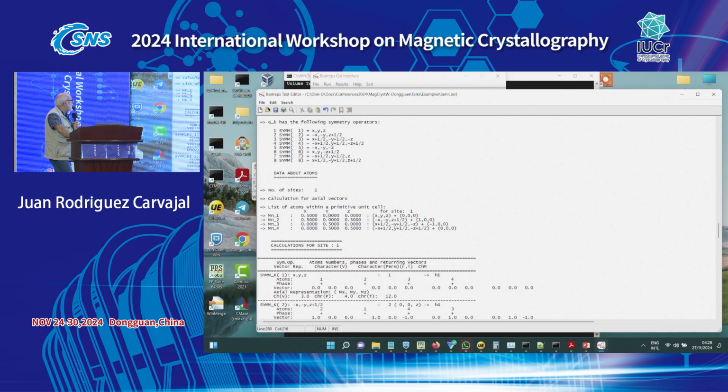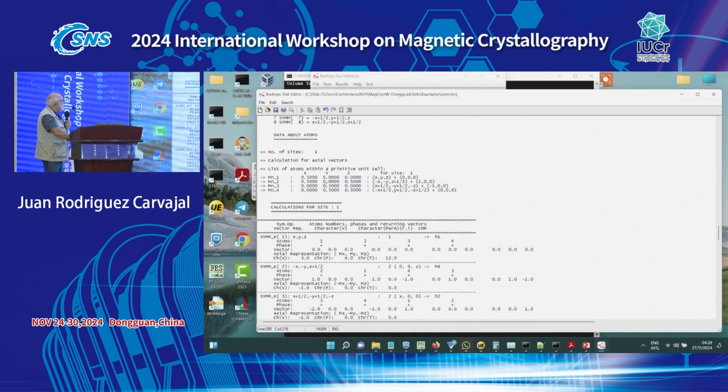And then we ask the program to put all the atoms inside the unit cell. Then you see here no negative numbers. But you see the translation associated in order to bring the atom to the unit cell. Then we have numbers in a particular order that depend on how the symmetry operators are stored.